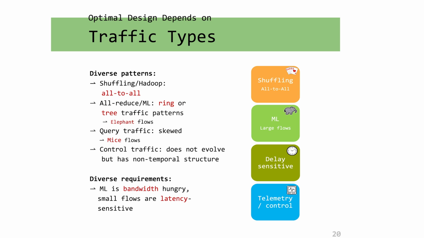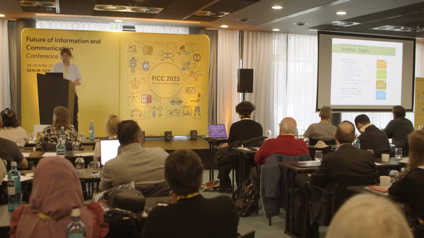And those of you working in networking, I guess they have seen these different flavors that we list here. One of them is, for example, if you have batch processing applications like MapReduce or Hadoop, or actually many batch processing applications have shuffling phases where you shuffle data around. It's like all-to-all type of traffic. But then, for example, machine learning patterns, they are different.